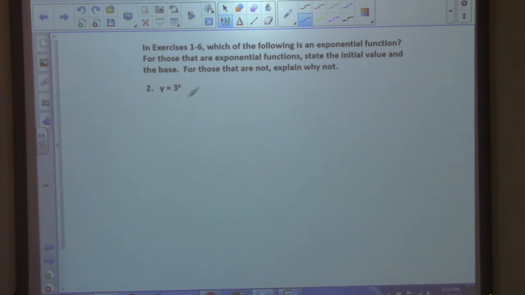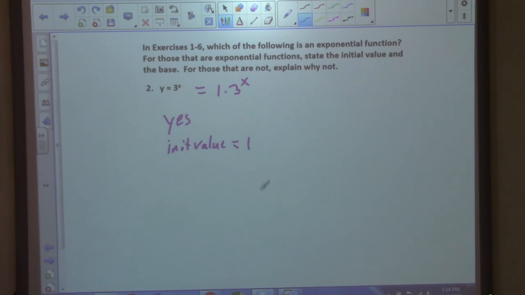Okay, this one right here could be written as 1 times 3 to the power of x, and so our answer is yes, of course. And what is the initial value? Could you just write a equals 1?